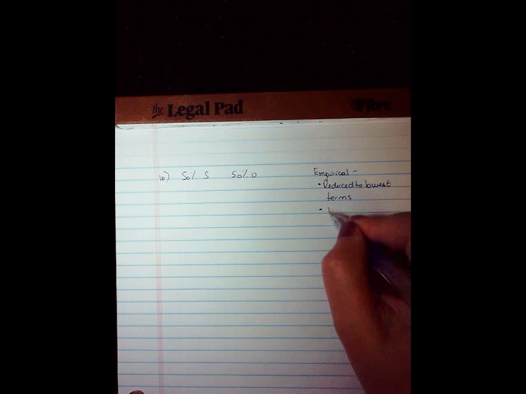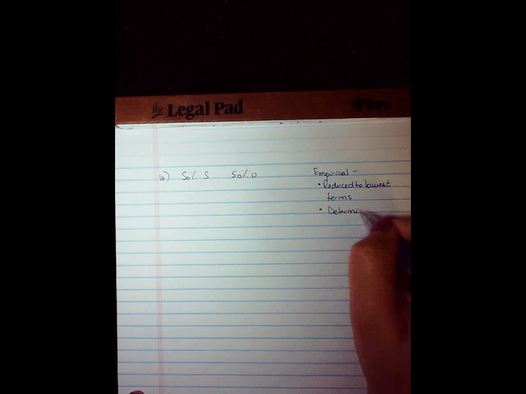What kind of information were you given to obtain this empirical formula? What does the word empirical actually mean? Experimental. It is determined from experimental data, and the kind of experimental data you have to get in order to come up with this formula is percent composition information.